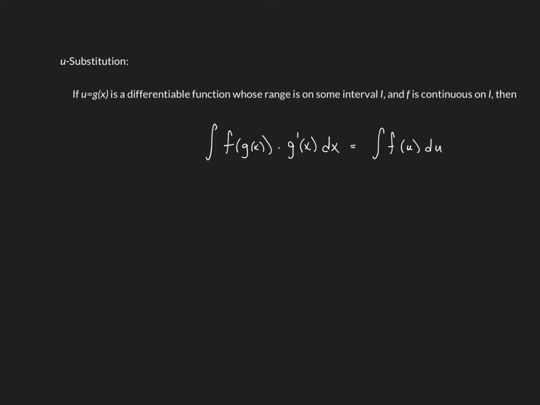And that just comes from the idea that if u is equal to g of x, then its differential du is equal to g prime of x dx can be used as a substitution tool here. So the substitution rule says that it's permissible to operate with dx and du after integral signs as if they were differentials. So let's do another example of this.